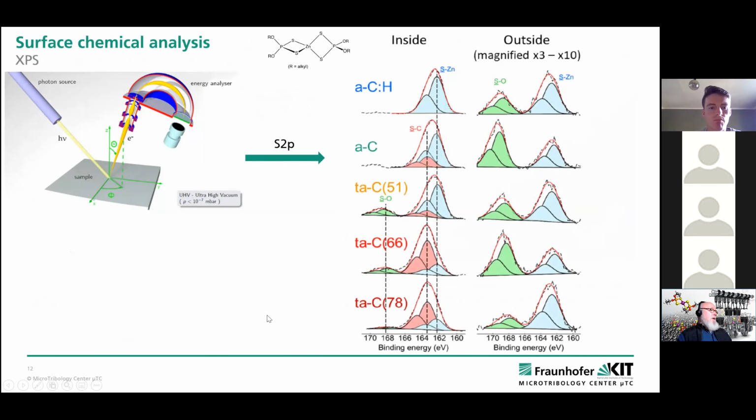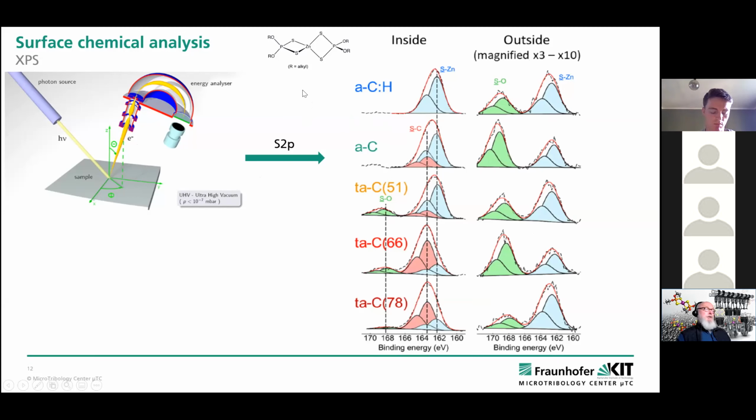Next step, you can perform XPS, surface chemical analysis. And we looked at all possible elements, and I just want to show you the most important element, which is the sulfur. So here are the sulfur 2p spectra. So we took the 2p electrons here and looked outside the wear scar, where you find sulfur oxygen and sulfur zinc bonds in all 5 coatings.